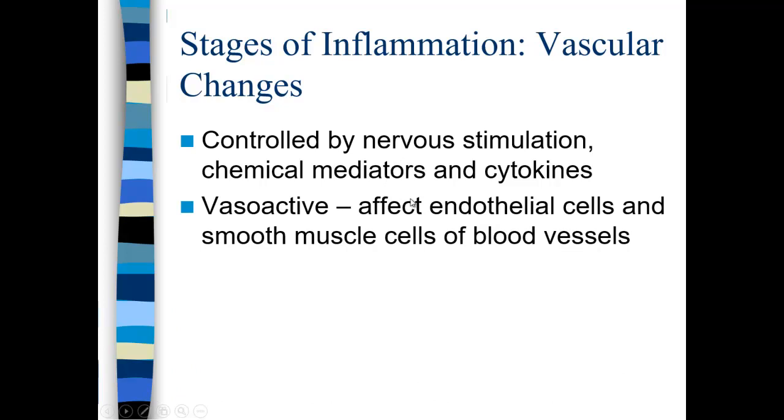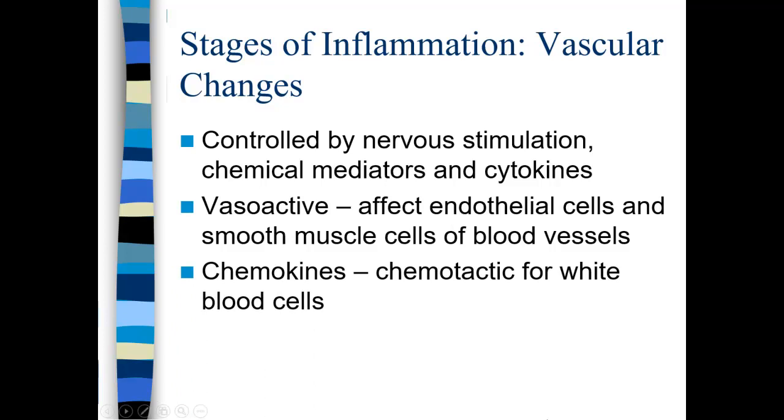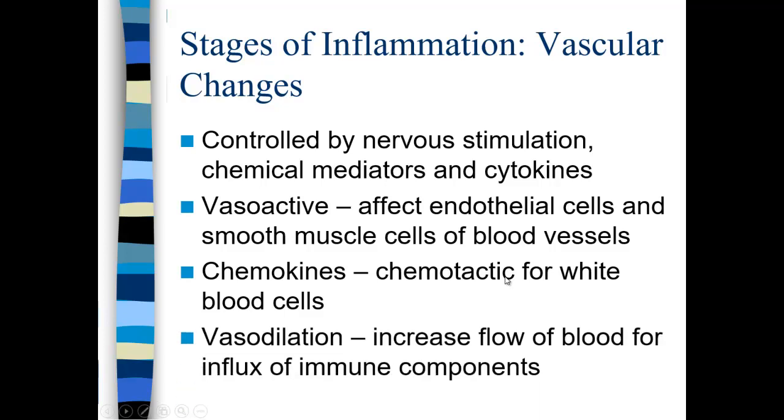You have mediators that are vasoactive that can cause the smooth muscle cells on blood vessels to constrict as well as to dilate. And then you have chemokines that are chemotactic that will actually attract white blood cells. And then you have vasodilation, which will increase the flood of blood to allow immune components, immune cells, and antibodies to come into the wound site.